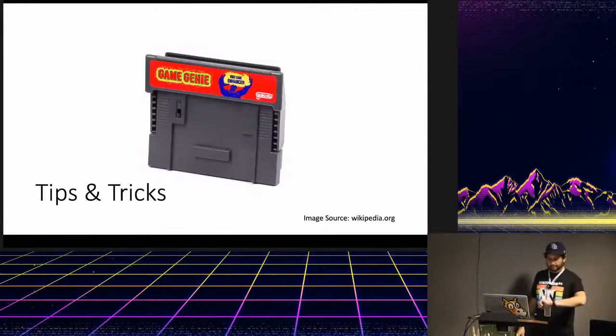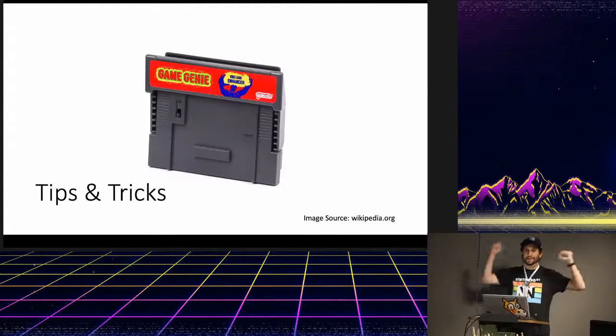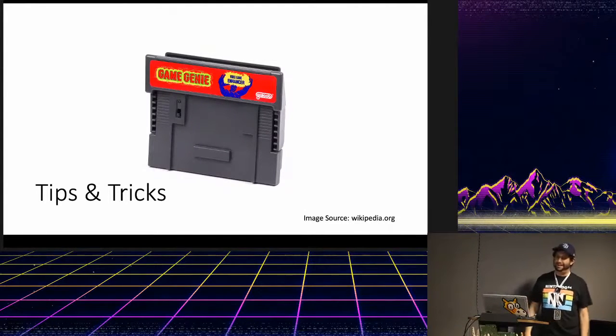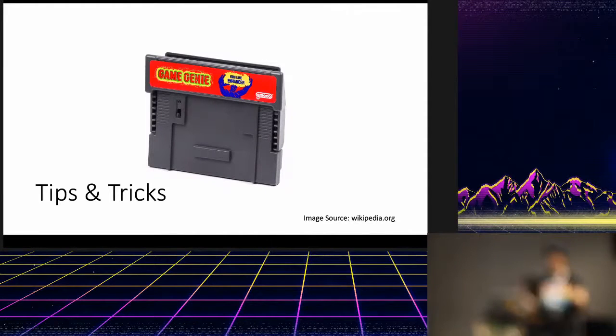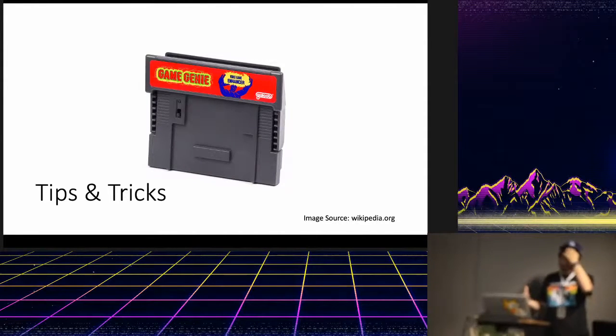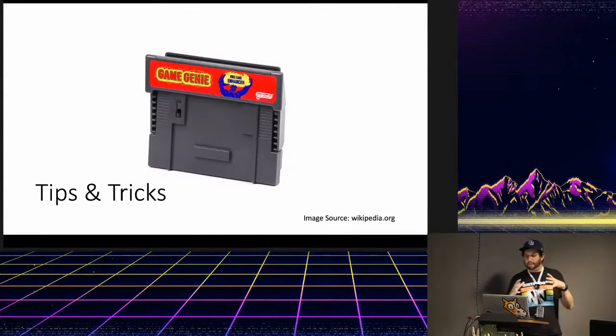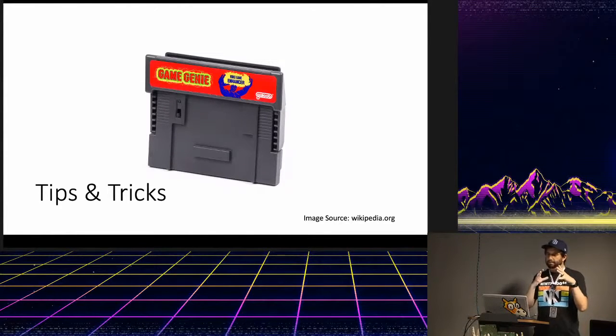So let's get into the fun stuff, tips and tricks. And so, man, I loved my Game Genie. Has anybody had a Game Genie? It was so cool. And I never understood what I was doing until I was much older, because the Game Genie, the Game Shark 2, right? The Game Genie is modifying memory.